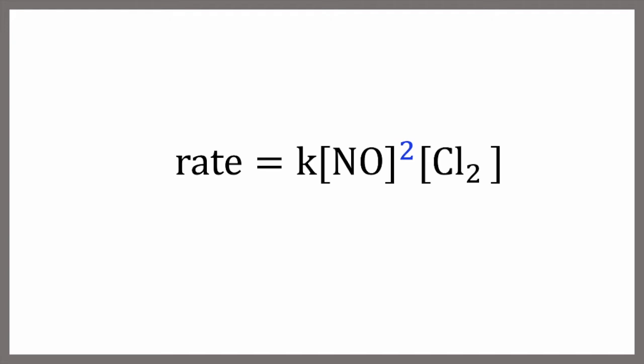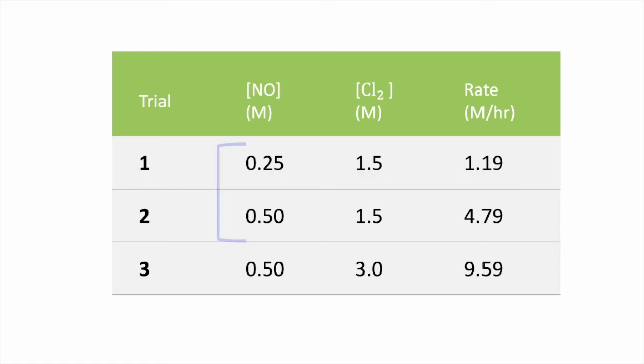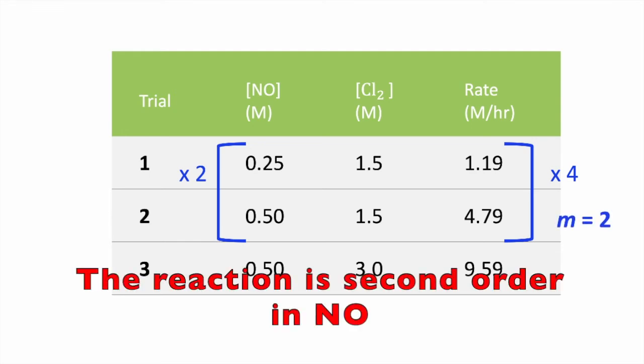We can also determine the rate law by inspecting the table. If we compare trials 1 and 2, if we double the concentration of nitrogen monoxide while holding chlorine constant, the rate quadruples, and this suggests a second-order reaction.